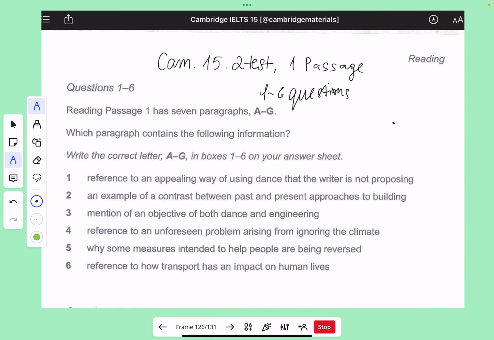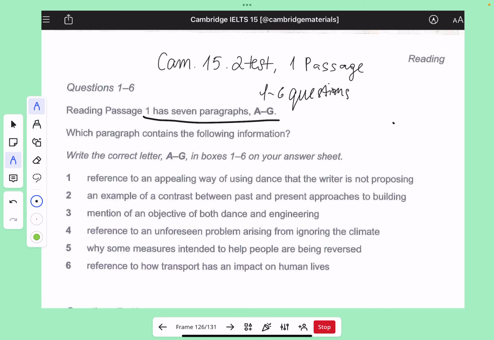It says there are paragraphs A to G, and there are 6 statements or pieces of information that I need to match to one paragraph. It can be A to G. First of all, I'm going to read all the sentences carefully.